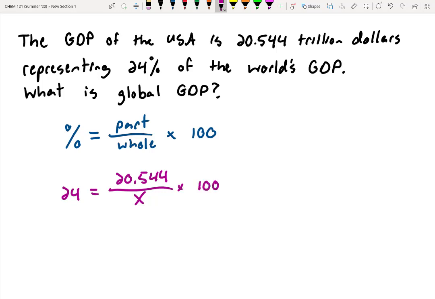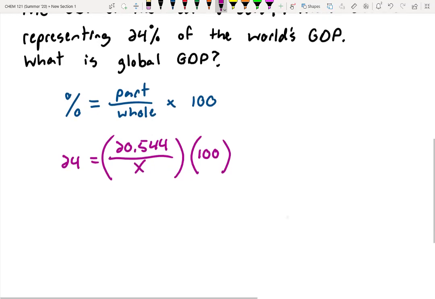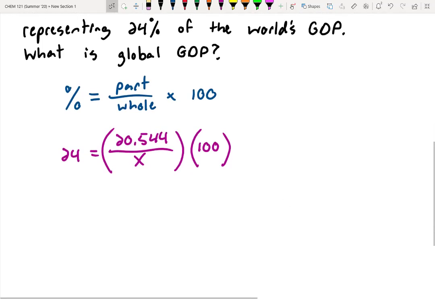This does get confusing. Sometimes I don't like using the variable X and the multiplier symbol X. So in this case, let's just draw it like this, and that implies that it's being multiplied. But we need to solve this algebraically. So let's do this together. What we can do pretty easily is start dividing. Let's divide each side by 100.